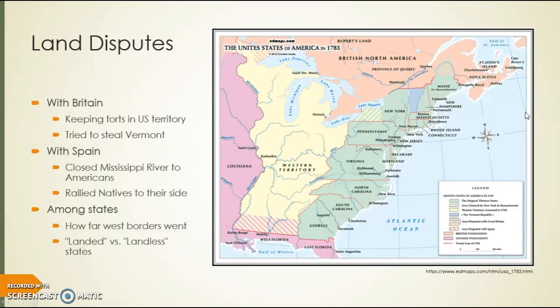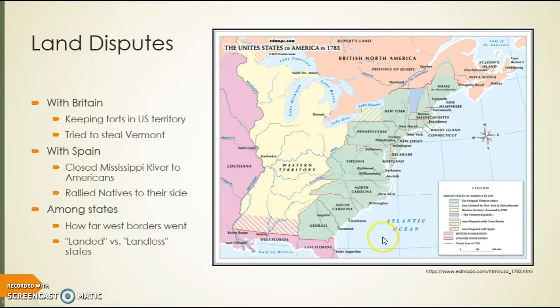In 1777, Vermont had declared its independence and wrote their own constitution. And Great Britain was courting Vermont, encouraging them to become a part of Canada instead of joining the United States. Vermont was considering that for a while, but the momentum for that died down. Eventually in 1791, they applied to join the United States and were accepted.